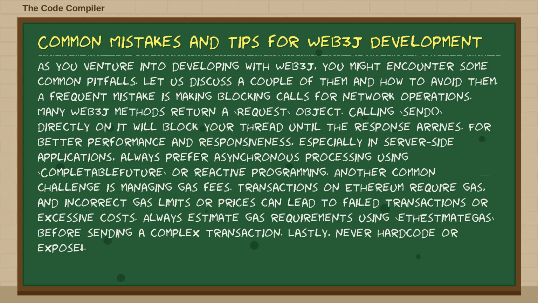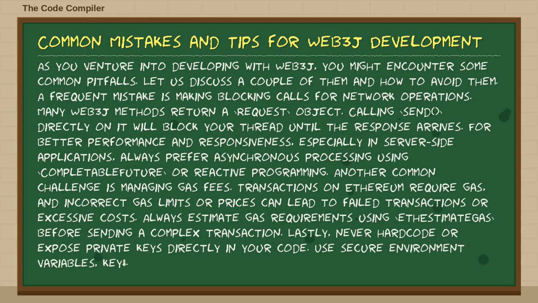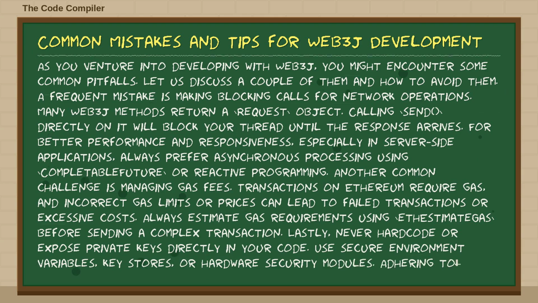Lastly, never hardcode or expose private keys directly in your code. Use secure environment variables, key stores, or hardware security modules. Adhering to these best practices will lead to more robust, secure, and efficient decentralized applications.